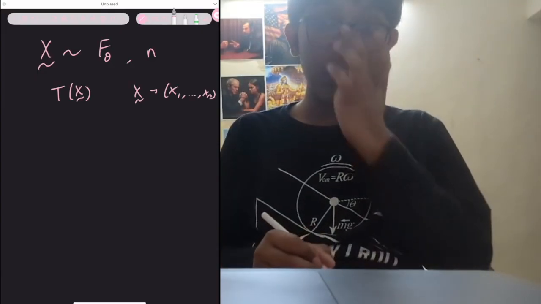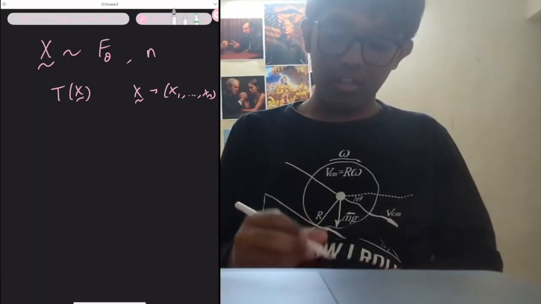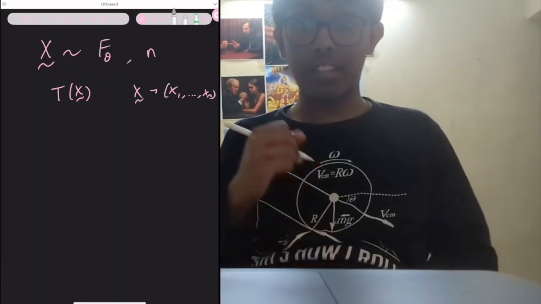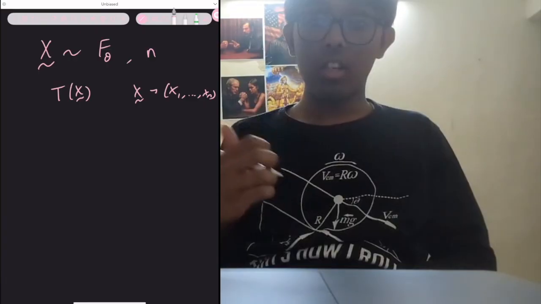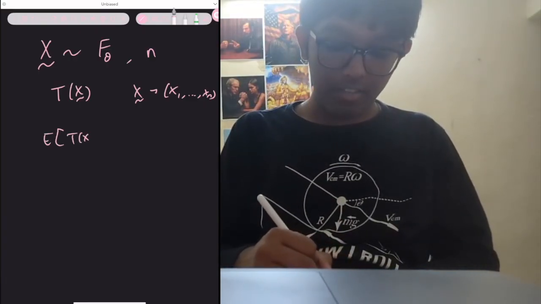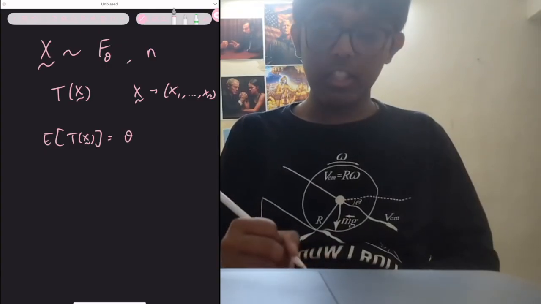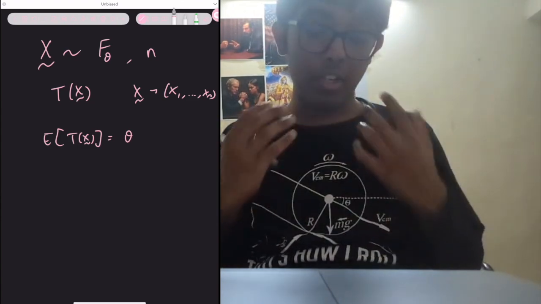Okay, let's say we have a statistic t of x, and we say that a statistic t of x is unbiased for a parameter, say theta, if the expectation of t of x is equal to theta. Now, let's look at an example.